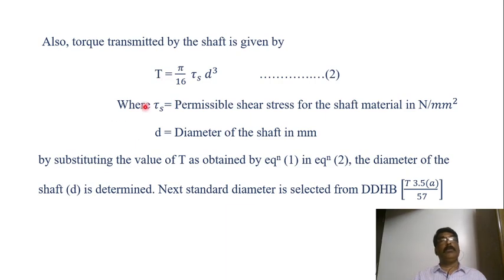By substituting the value of T as obtained by equation 1, the diameter of the shaft is determined. Once the diameter of the shaft small d is determined, I should go for the standard size by referring the DDH, that is table 3.5a on page number 57.